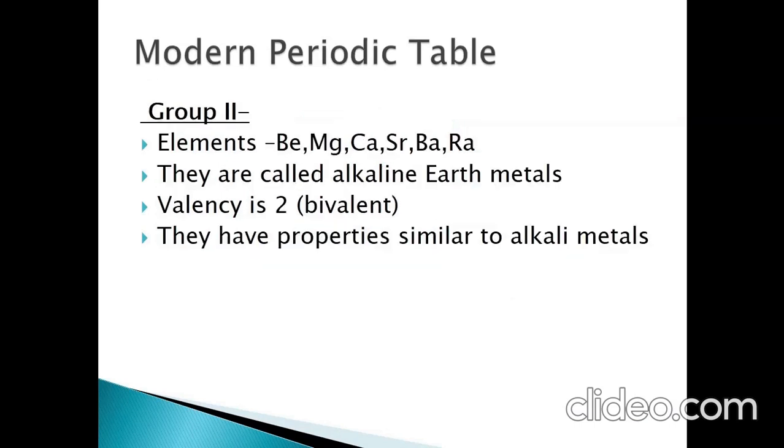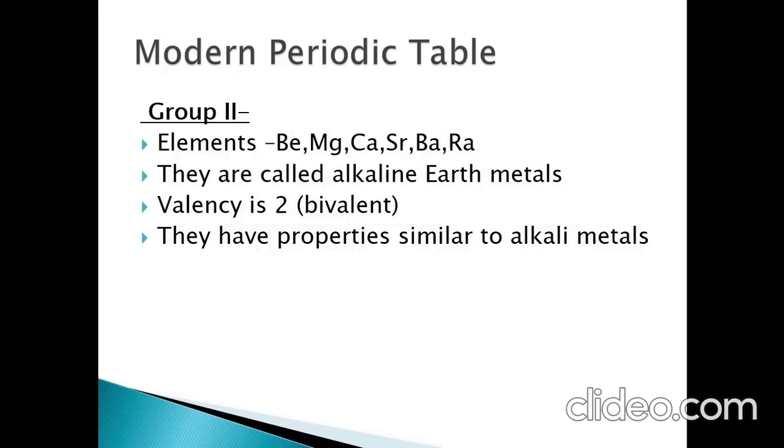Now let us understand about group 2. Group 2 consists of beryllium, magnesium, calcium, strontium, barium and radium. They are also called alkaline earth metals. Their valency is 2, that means they are bivalent, and they have properties similar to alkali metals.